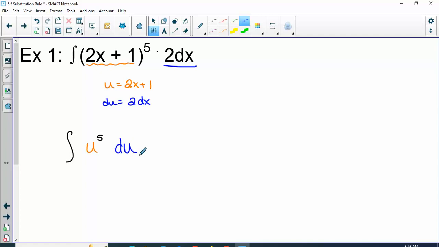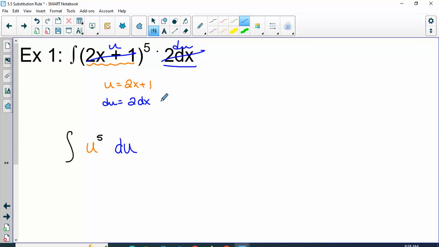Okay, so we looked at our problem. We had to identify the inside function. And all of our x's have to get switched to u's somehow. So we made our u the 2x plus 1, so that took care of this. And when we did the derivative of our u, it was all of that, so that became my du.